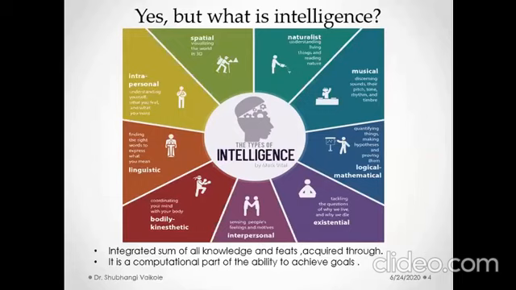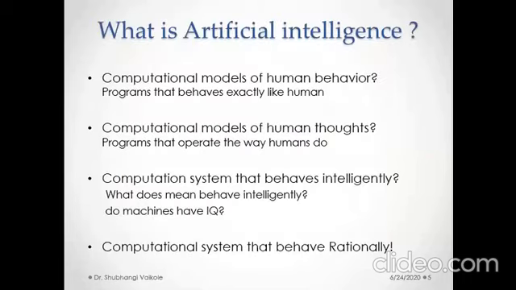So in AI also, we cover the integrated sum of all knowledge and skills acquired through the environment. It is the computational part of the ability to achieve goals. Then what are the formal definitions of artificial intelligence? The computational models of human behavior?